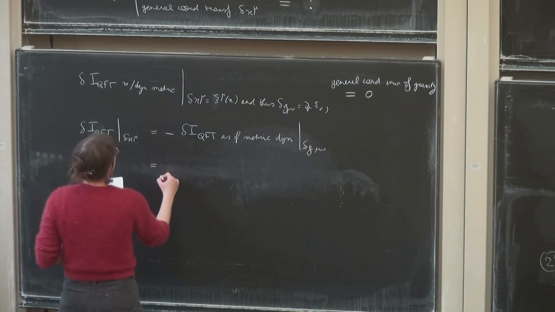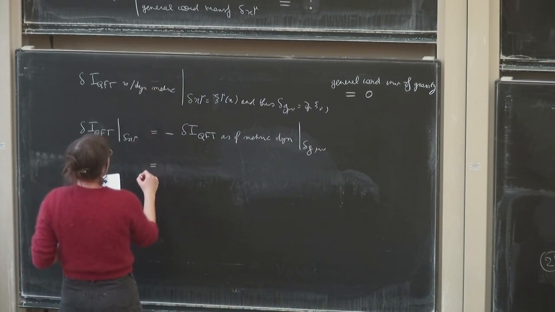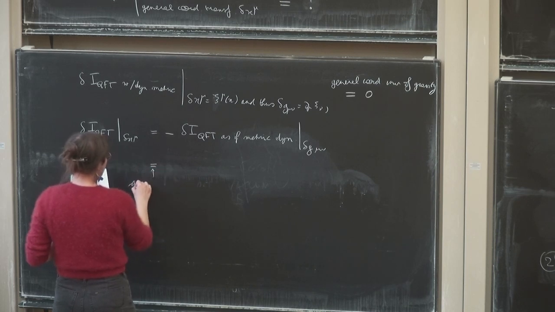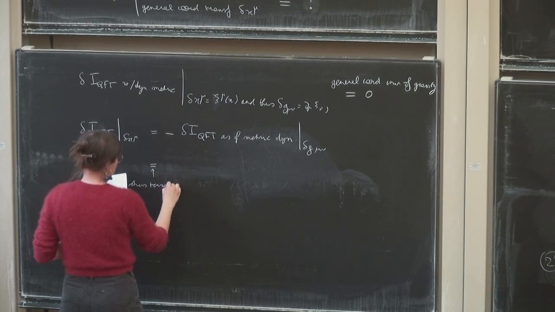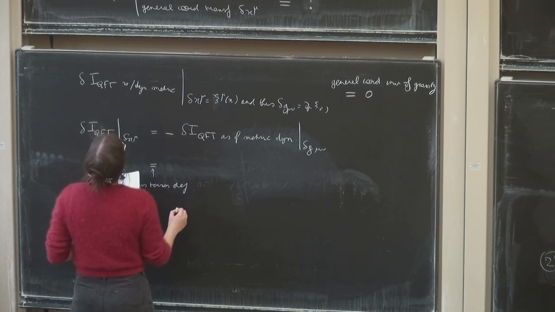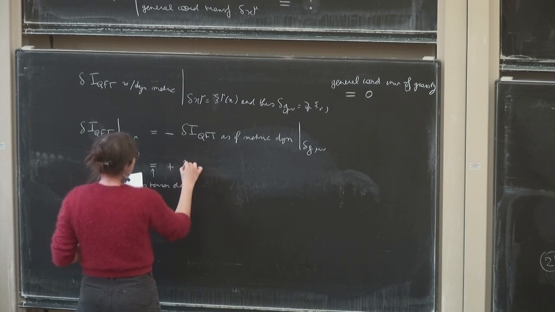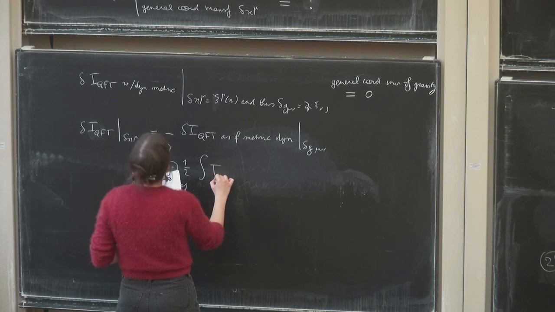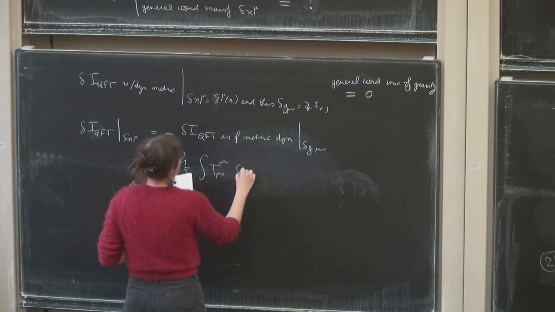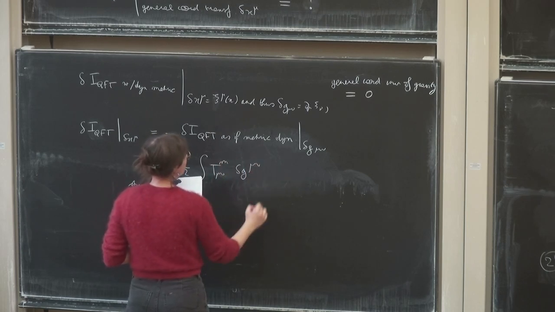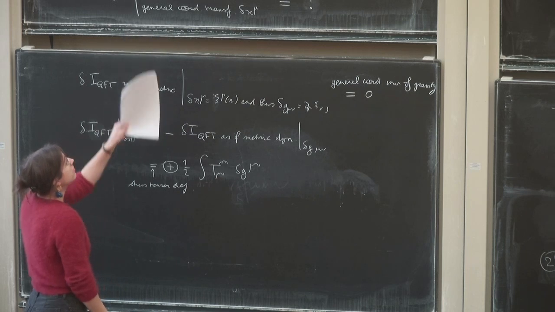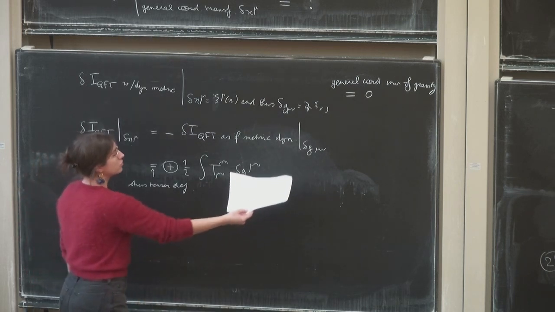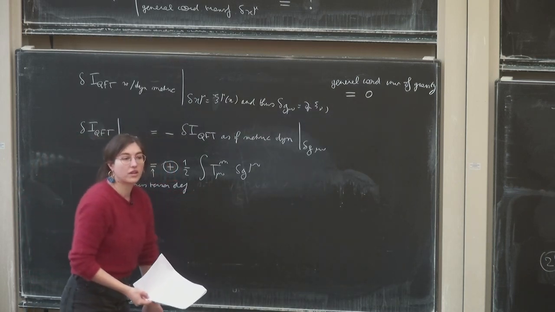So it's equal, because of the stress tensor definition, to plus a half T mu nu delta g mu nu. Let me not write the determinant of the metric because I've been assuming that the background metric is flat.